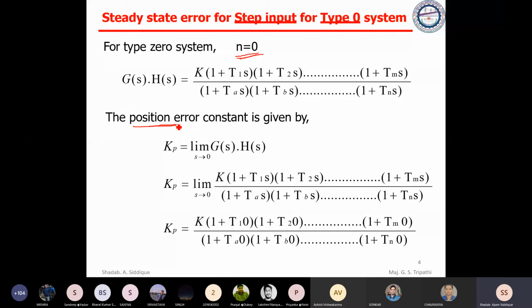We have taken the general open loop transfer function. We try to find the Kp value by just checking the type of the system. And of course, we have taken a unit step input. So if we have G(s) of this form, where the type of the system is 0, then how does the position error constant look?